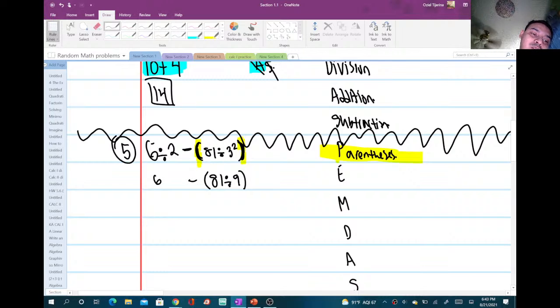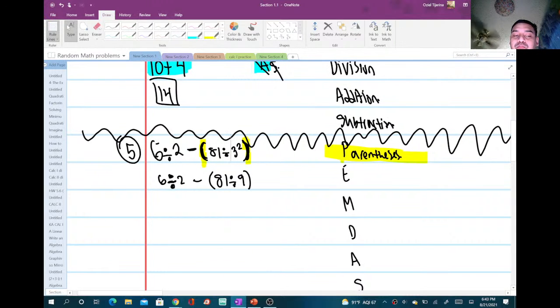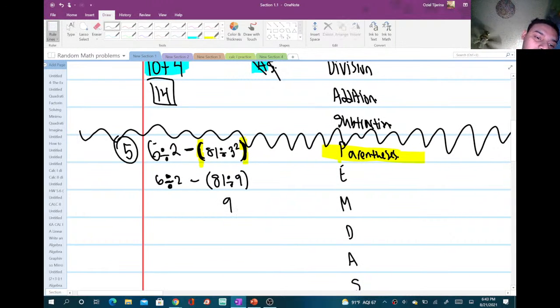And then you can just leave everything how it is, right? We have 9 here, so we're working out what is inside the parentheses.